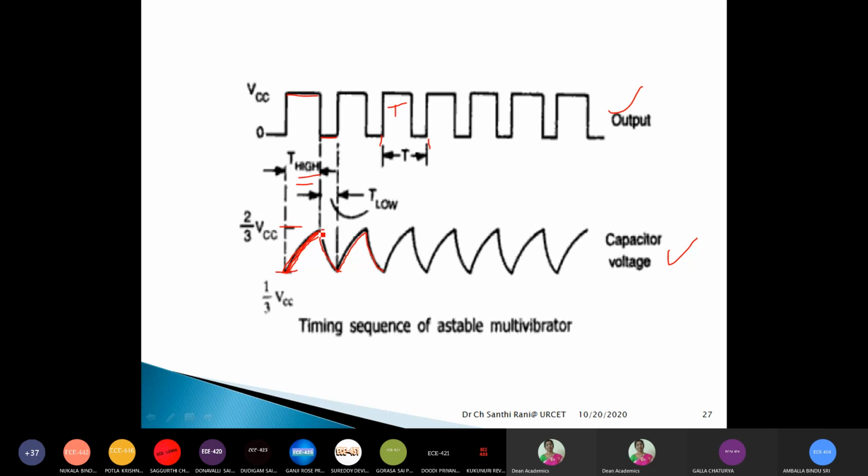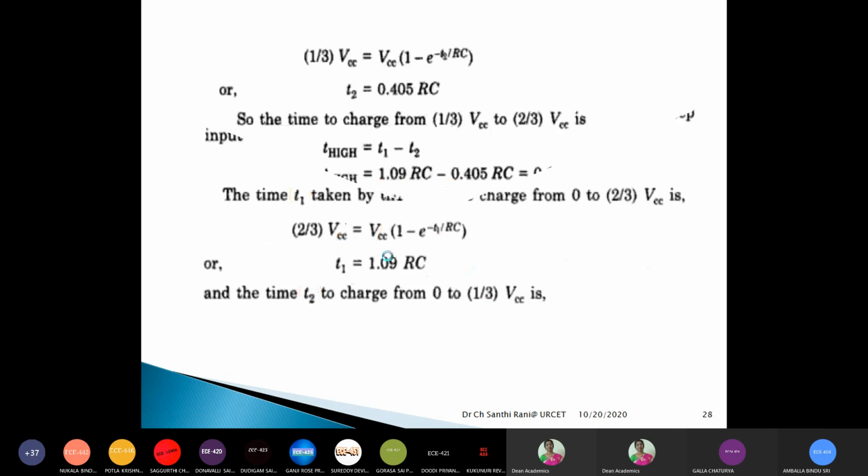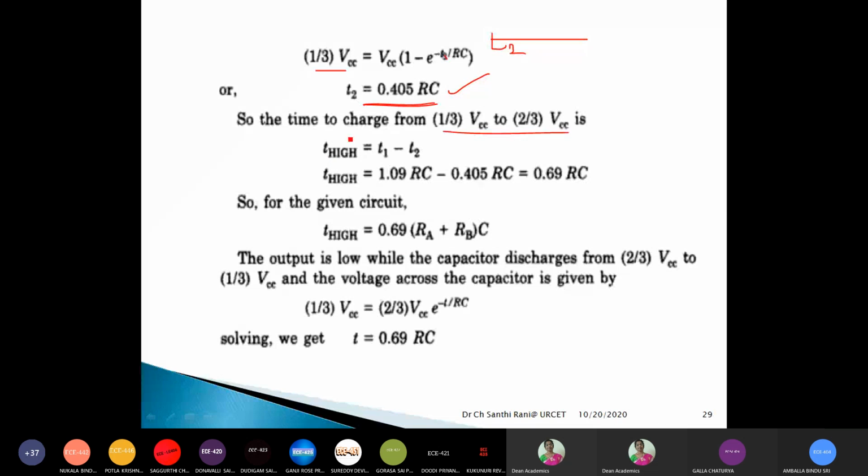And from 2/3 VCC to 1/3 VCC, we call it T low. The time to charge from 1/3 VCC to 2/3 VCC is T high, as I have just shown in the waveform diagram.